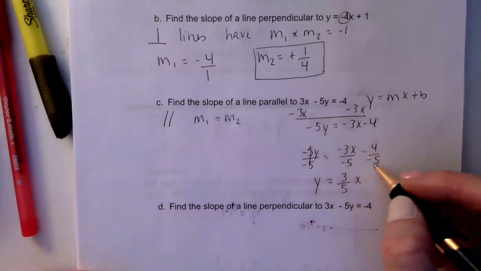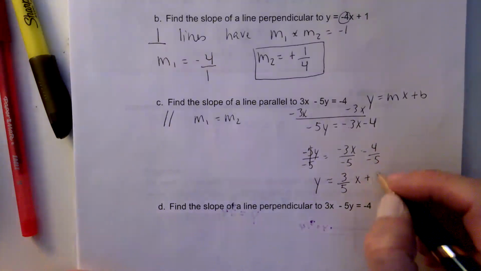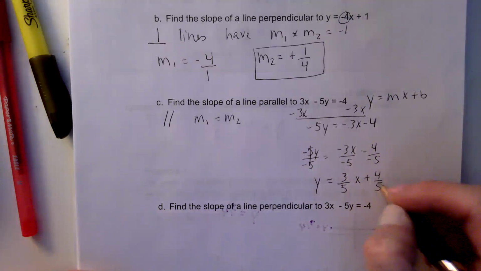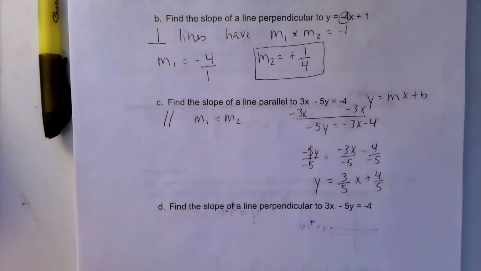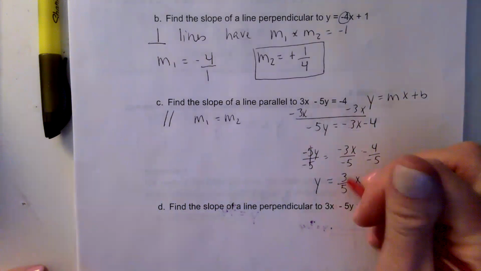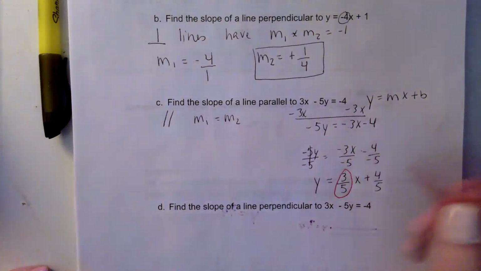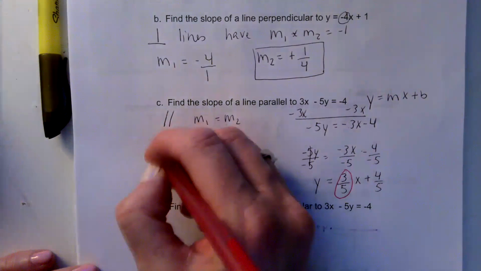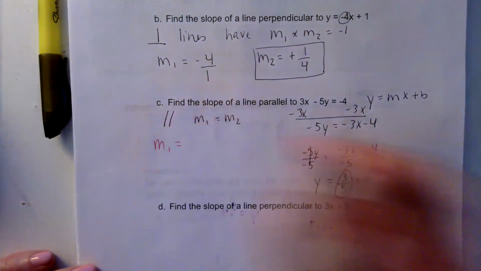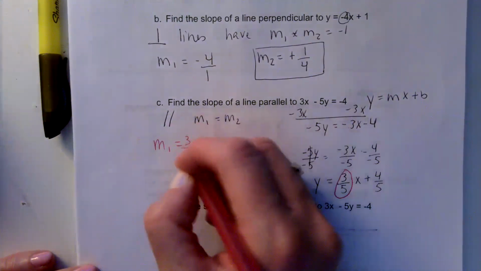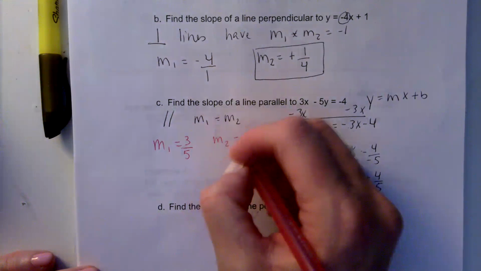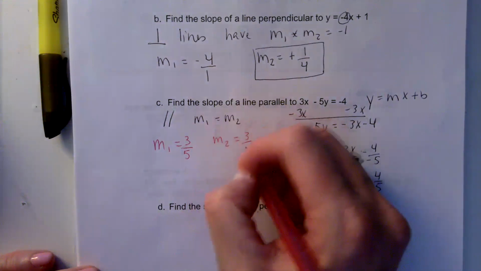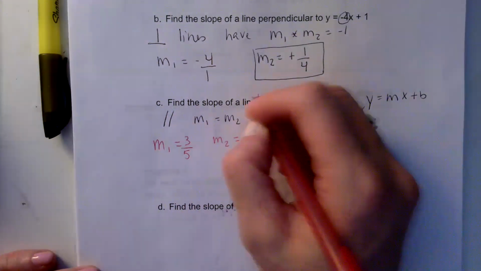And -4 over -5 is a positive 4 over 5. So now that we have our equation in this form, we know what our old slope is. So m1 is equal to 3 over 5. So m2 also equals 3 over 5 because they're parallel.